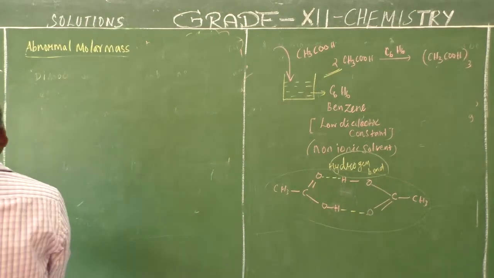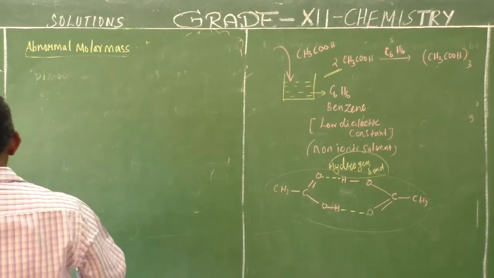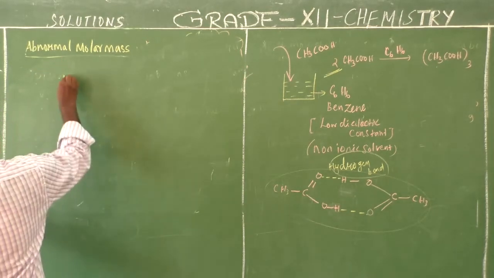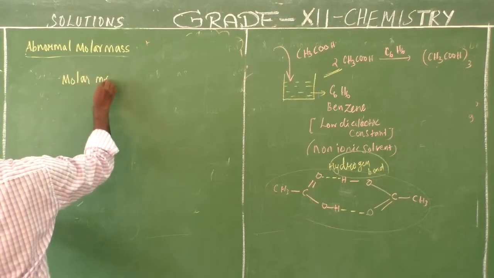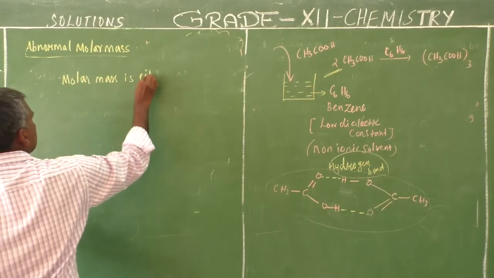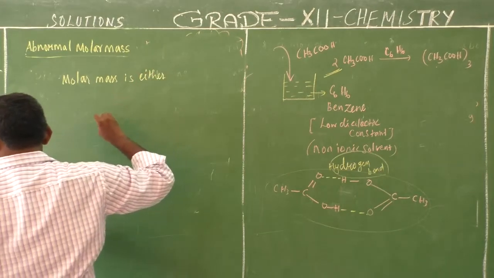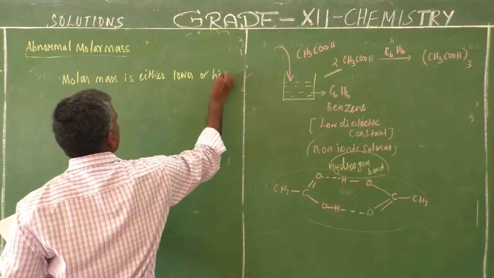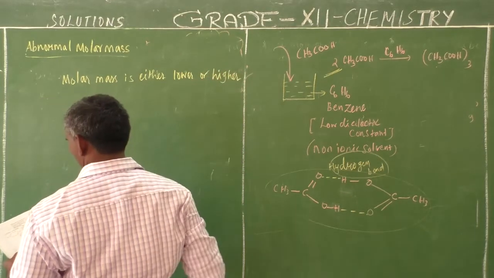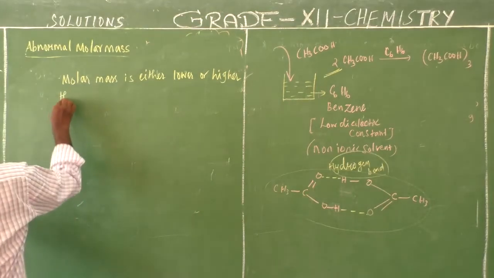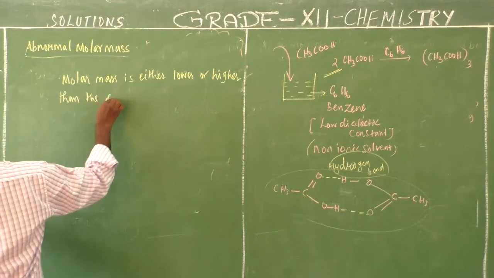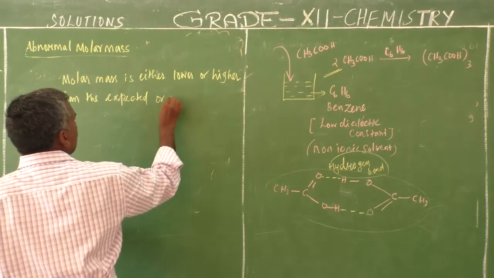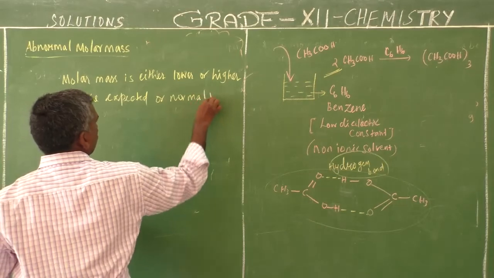Molar mass is either lower or higher than the expected or normal value, the true value.